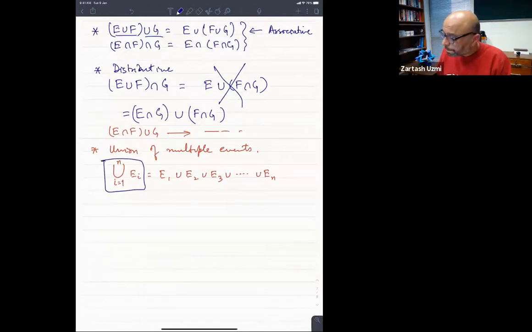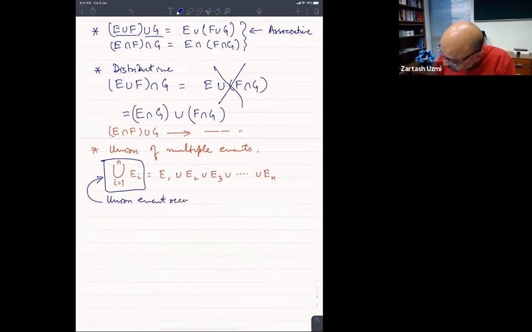ठीक है. यूनियन इवेंट आप उसको जो भी कह लें, एफ कह लें, जी कह लें, कुछ और डिनोट करना है. This union event occurs if any one of these occur. Any one. एक से ज्यादा अकर करें तब भी अकर करेगा, लेकिन एटलीस्ट एक ने जरूर अकर करना है.